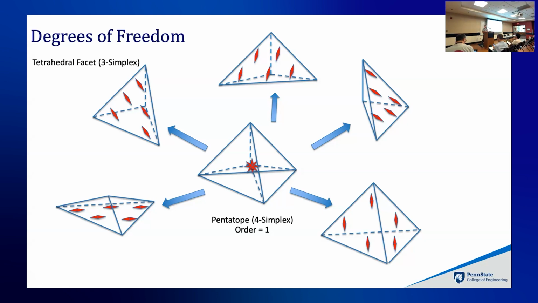These degrees of freedom are vector degrees of freedom, and the facet degrees of freedom have an outward-facing normal associated with each of them. The interior degrees of freedom have vectors associated with them, which we prescribed as the coordinate directions. This choice isn't unique. You can use any four orthogonal vectors prescribed to the four co-located DOFs.